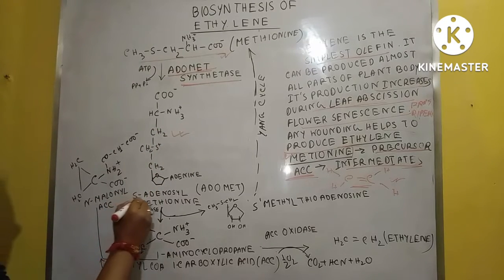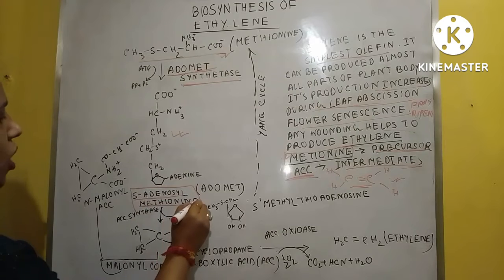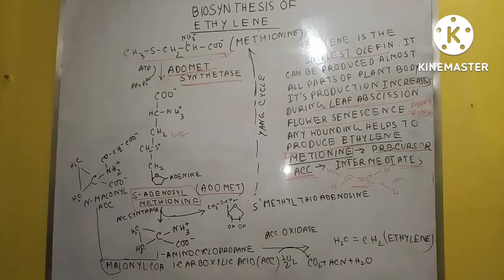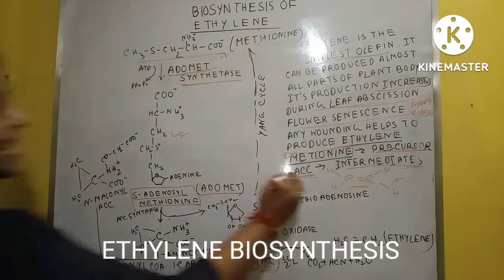This is S-adenosyl methionine, or you can say SAM here. Now this S-adenosyl methionine is converted into ACC. What is ACC? 1-aminocyclopropane-1-carboxylic acid. This is called ACC.